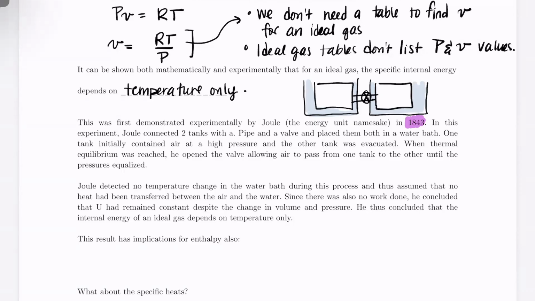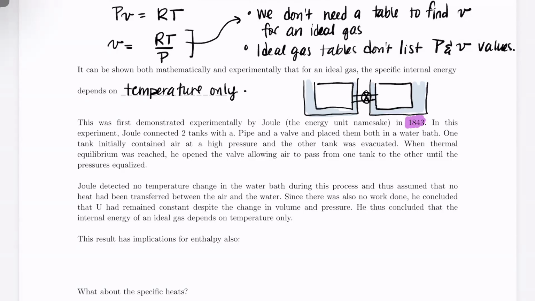Then when thermal equilibrium was reached, he opened the valve, which allowed air to pass from the pressurized tank to the one with the vacuum until the pressures equalized. During that whole process, he was measuring the temperature in the water bath. Because of that, he assumed that no heat had been transferred between the air and the water.